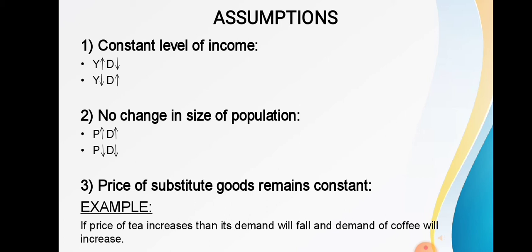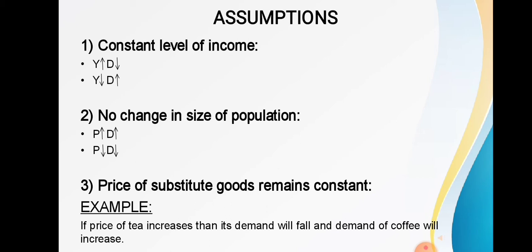There should not be any change in the size and composition of the population, because a change in the population will bring about a change in the demand even if the price remains constant. So the second assumption says that there should not be any change in the size of the population. I hope the first and the second assumption are clear.